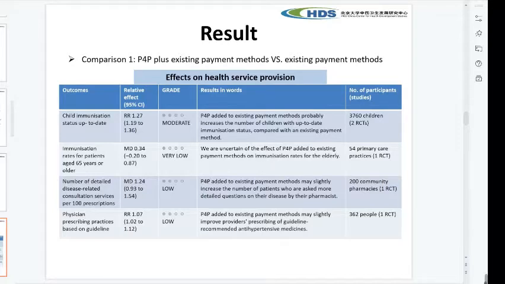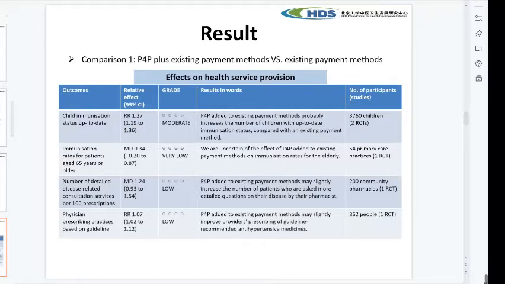In the following part, I will introduce the findings on the effects of the different comparisons. For the first one, the comparison regarding extra pay for performance, the below table shows the effect of extra pay for performance incentives on the health service provision outcome.